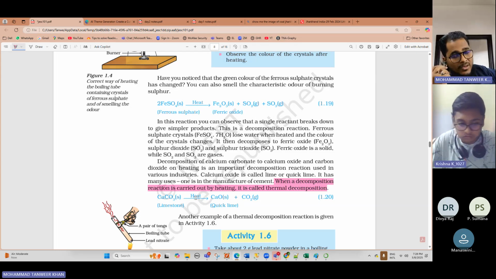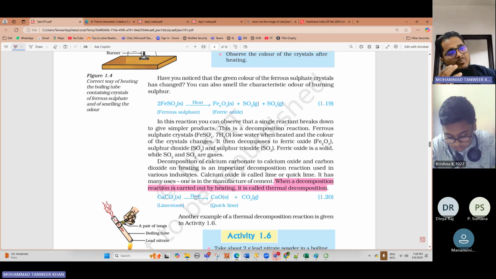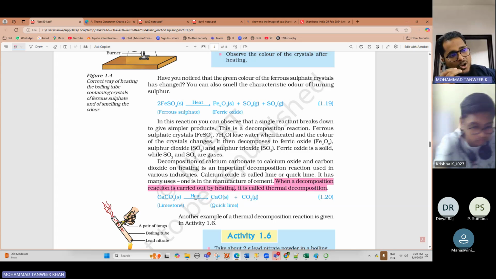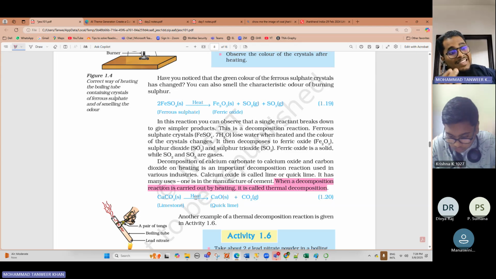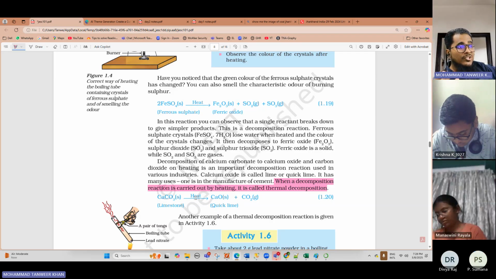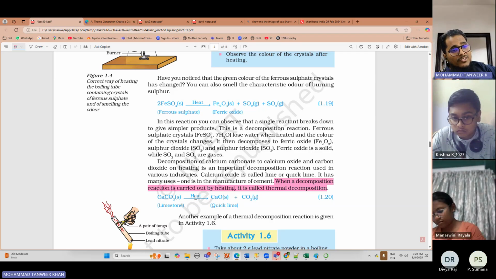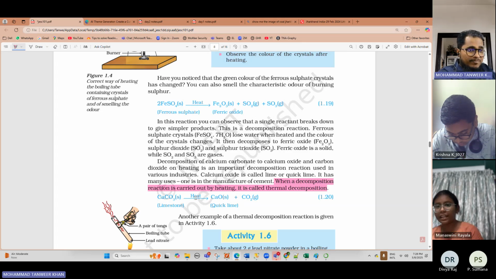It means a decomposition reaction is carried out by heating, you're applying heat, then something is getting decomposed, then it is called thermal decomposition. It means that the decomposition reaction has happened because of thermal, meaning heat.